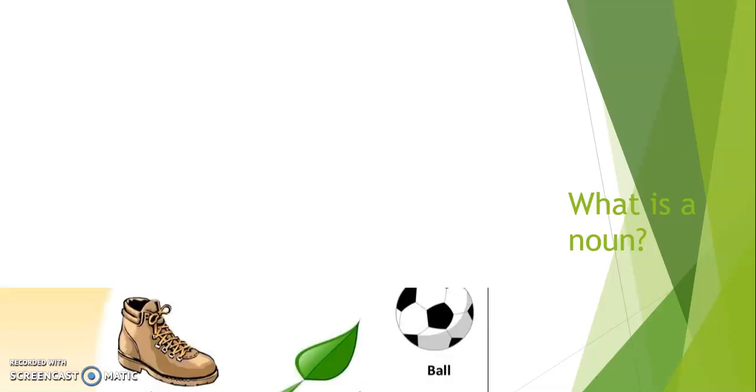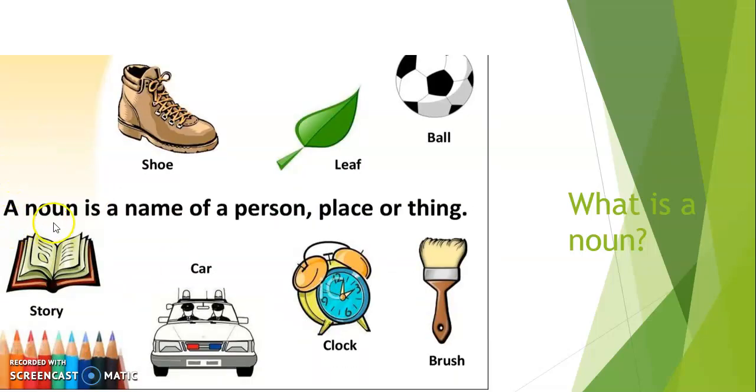Now, first revise, what is a noun? A noun is a name of a person, place, or thing, and it is also a name of an animal.